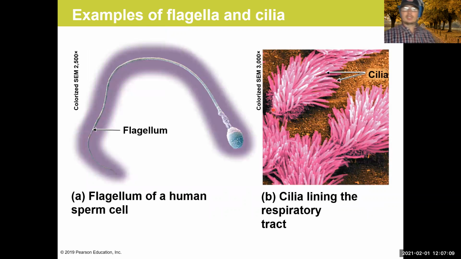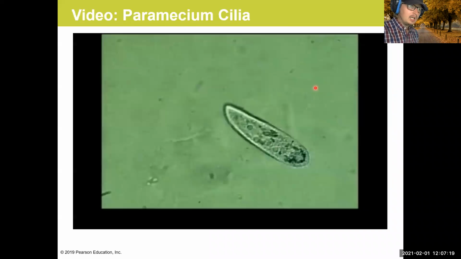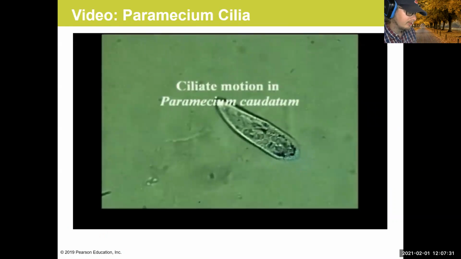So here you have a figure with a flagellum, so that long single flagellum, but then lots of multiple cilia in the respiratory tract of humans. We also have a video here of a paramecium, and you can see the cilia kind of undulating back and forth in this video.